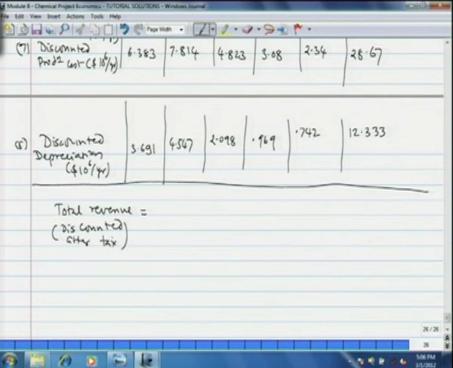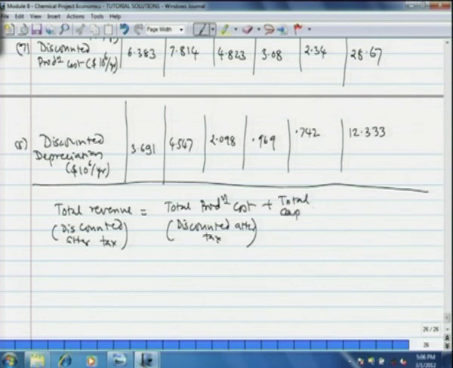Total revenue discounted after tax is equal to total production cost discounted after tax plus total capital investment. Now this is at time 0, so there is no question of discounting, minus the depreciation, again discounted.